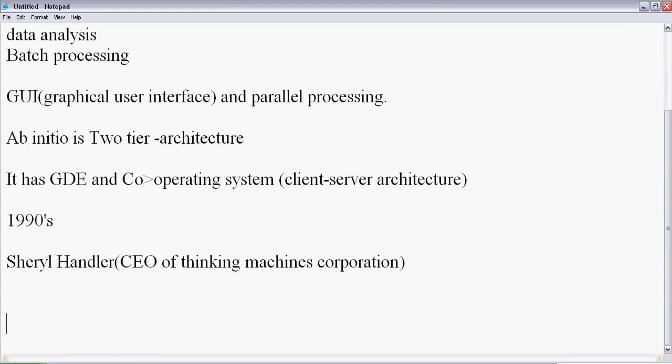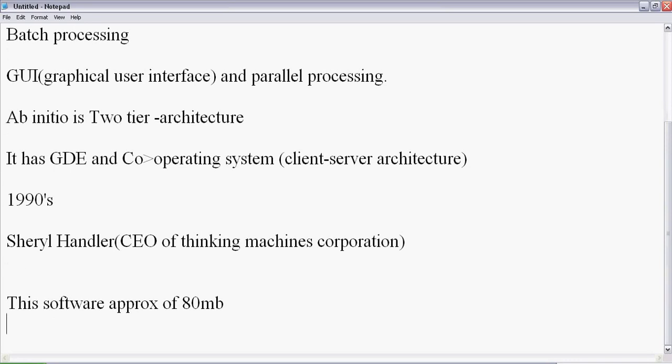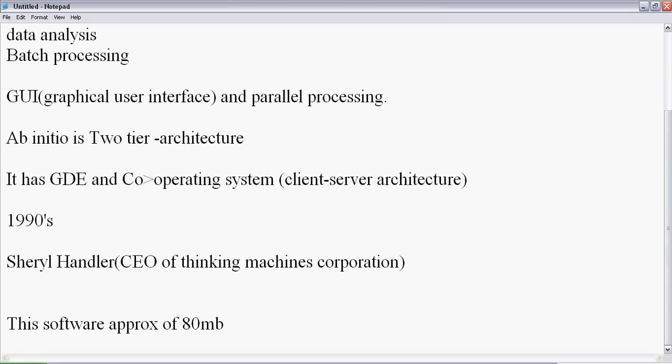This software is approximately 80 MB, both the GDE and the cooperating system.